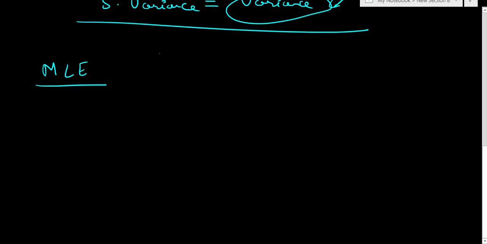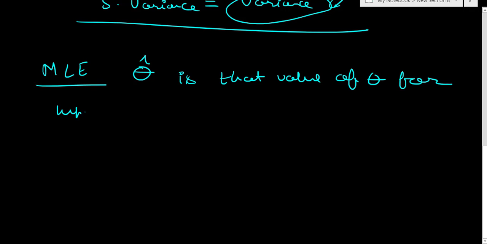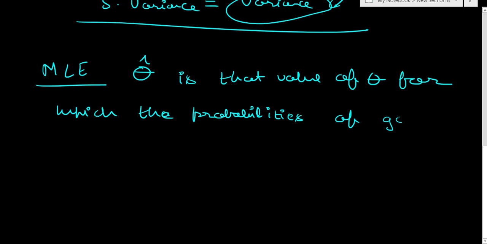So what the MLE does as a solution to this problem is that it says that the value theta hat, that is the estimate for theta, is that value of theta for which the probabilities of getting this sample are the maximum.